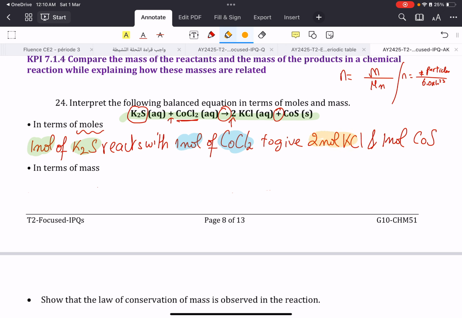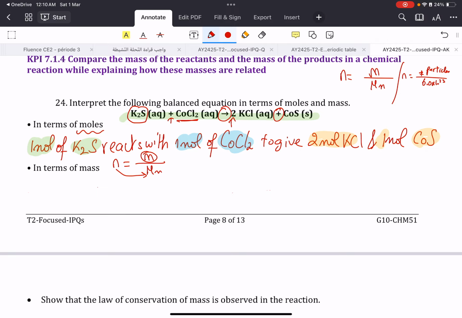And 2 moles of KCl by the molar mass of KCl, and 1 mole by the molar mass of COS. So in this one, we are always applying the formula that in order to find the mass, we need to multiply the mole by the molar mass.